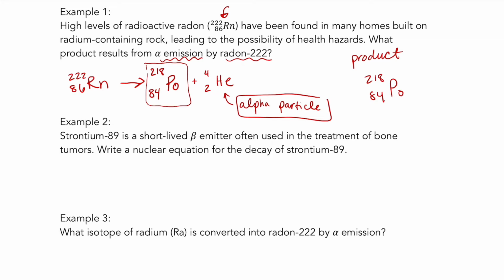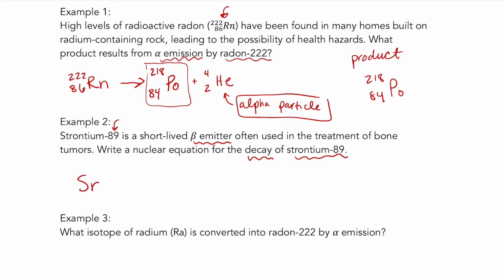Example 2. So strontium-89. Remember, this is the mass number when they give you the isotope there. Strontium-89 is a short-lived beta emitter, often used in the treatment of bone tumors. Write a nuclear equation for the decay, meaning beta decay, because it's a beta emitter, of strontium-89.